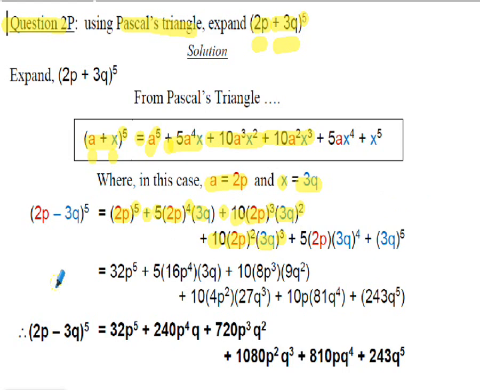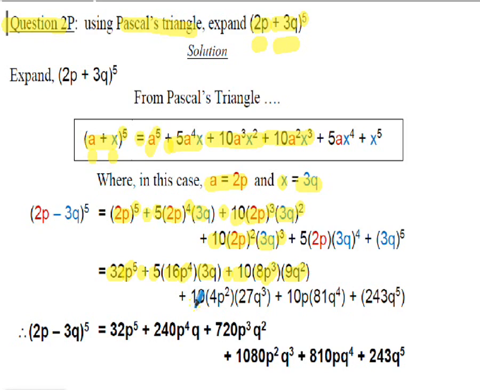On the next line, I'm simply raising the brackets to power. So again, be very careful here. When you raise 2p to the power of 5, you get 32, because 2 to the power of 5 is 32p to the 5. First term, plus 5 times, again, you've got 2p to the 4, so that becomes 2 to the power of 4 is 16p to the 4 times by my 3q, plus 10 times 2p cubed, 2 cubed is 8, so that's 8p cubed, and then be careful, you've got 3q squared, so that will become 9q squared there.